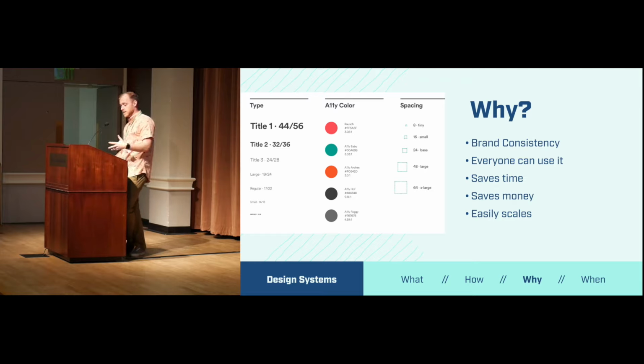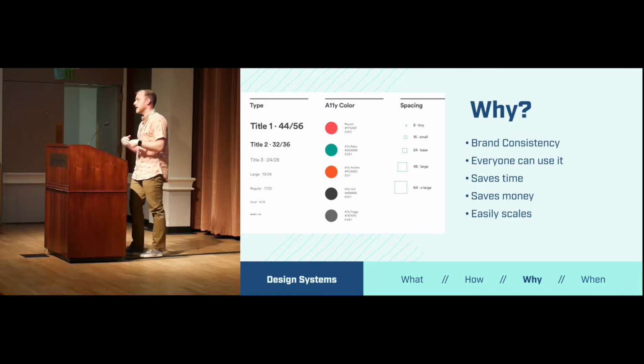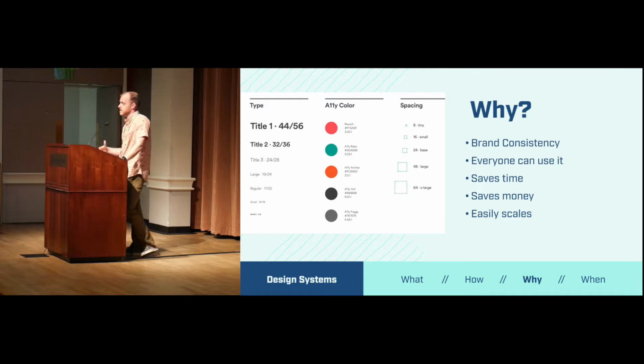Another big piece is that anyone can use a design system. Like I was saying, having those clear standards and having everything in one place means that anybody can go in at any point in time, grab what they need, know how to use it properly, and where to use it properly, and they should be good to go.